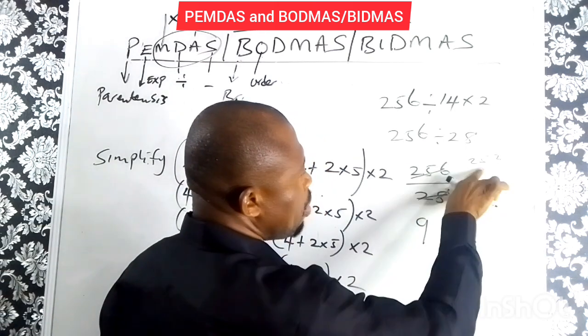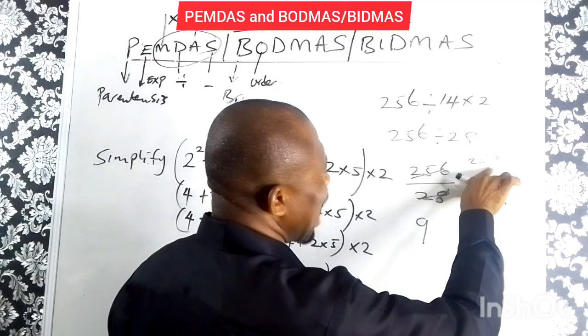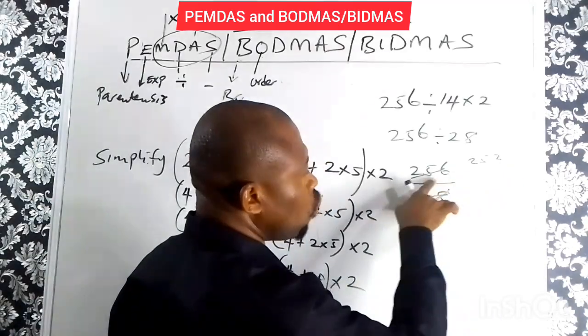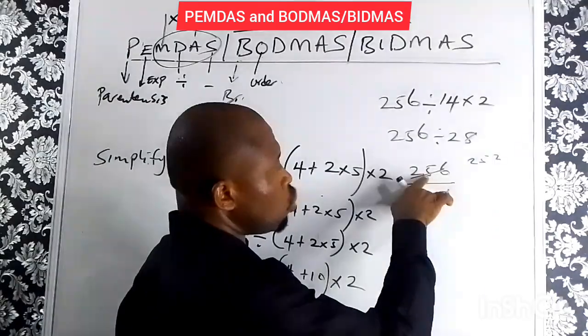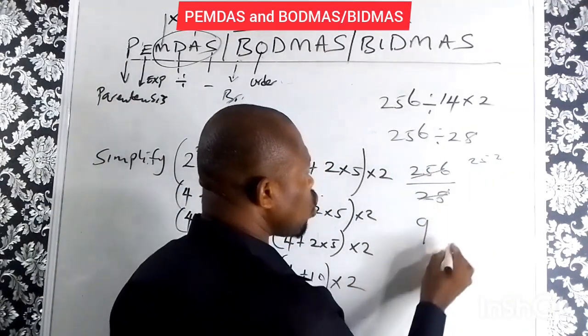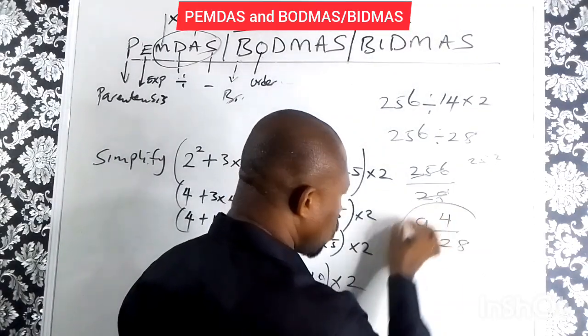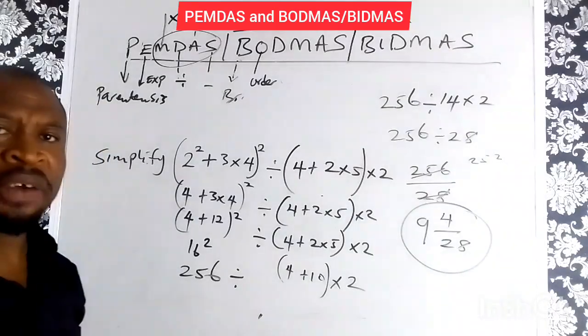Remember, 28 times 9 will give you 252. And of course, 256 minus 252 will give us 4. That means this divided by this will give us 9 whole number, 4 over 28. So this is our final answer.